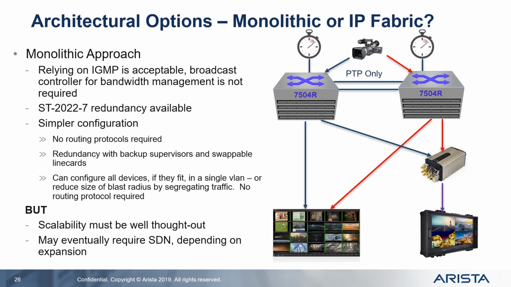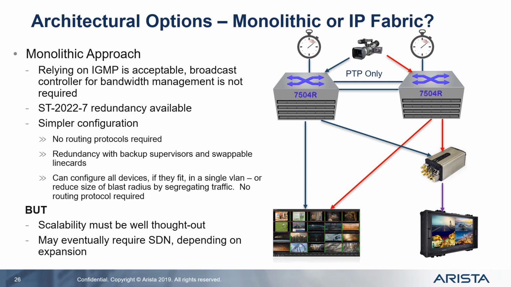So this is what a monolithic solution could possibly look like. You have 2 7504 switches, 2 chassis switches, and all your endpoints are probably connected to both of them for SMPTE 2022-7 redundancy. Now I consider these to be air-gapped even though there is a connection between the 2 switches.